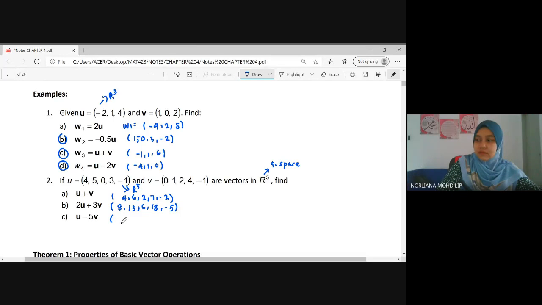And c, multiplied with scalar 5, and then use the subtraction operation. So 4, 0, negative 10, negative 17, 4.